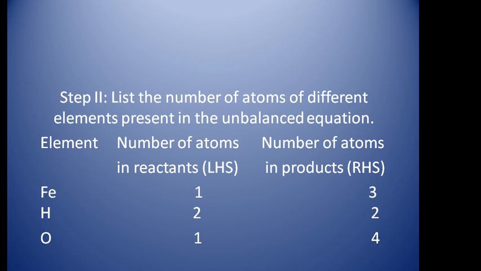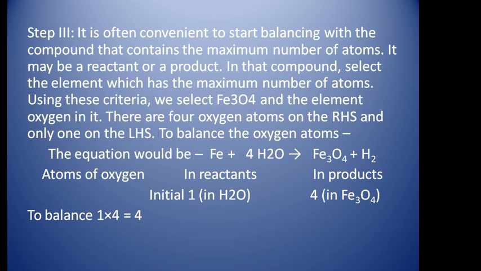Now, third. The thing is, with which molecular formula will you start? It is convenient to start the balancing with the compound that contains the maximum number of atoms. Got it? You see, here Fe only 1 atom.